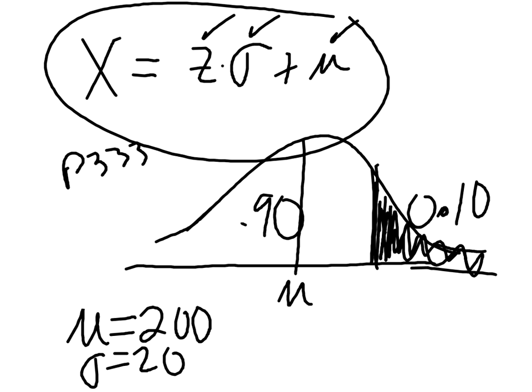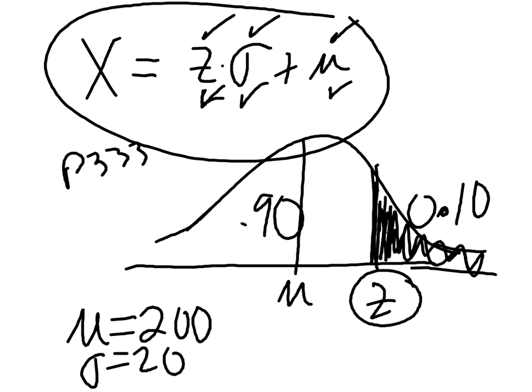Well, check this out. We've got an area, the top 10%, that will allow us to find the corresponding z-value. And since we'll have the z-value, the standard deviation and the mean, we can sort of work backwards and find that cutoff score.